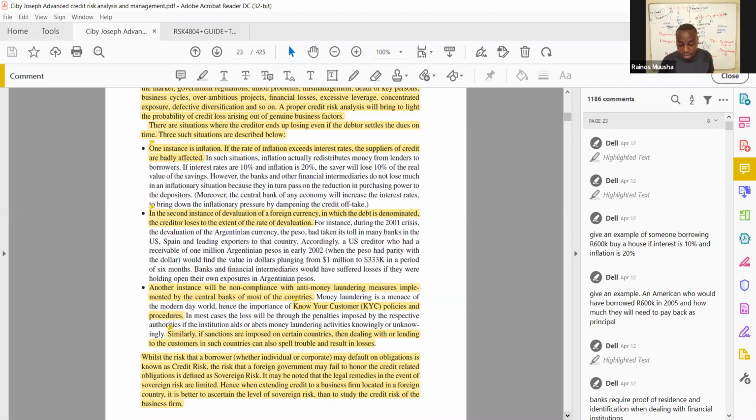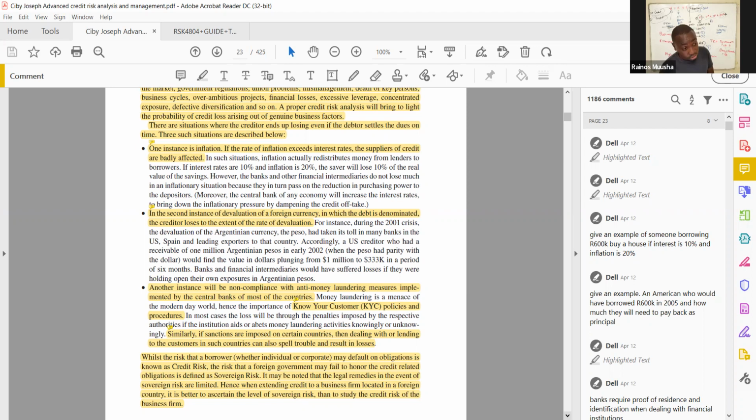For example, I think it was a couple of years ago that MTN was in a lot of trouble, where you are giving out credit to a particular customer, but if you don't do the proper know your client procedures, you're going to find yourself caught up with what?